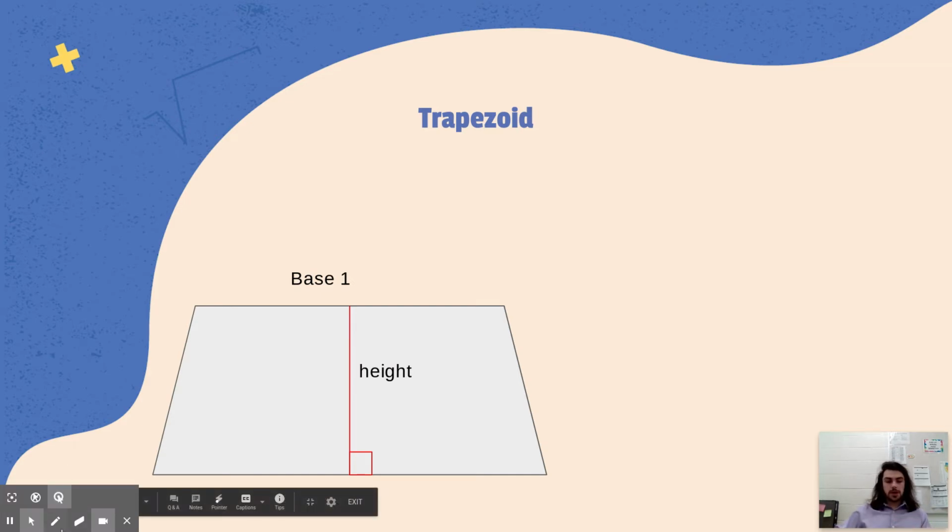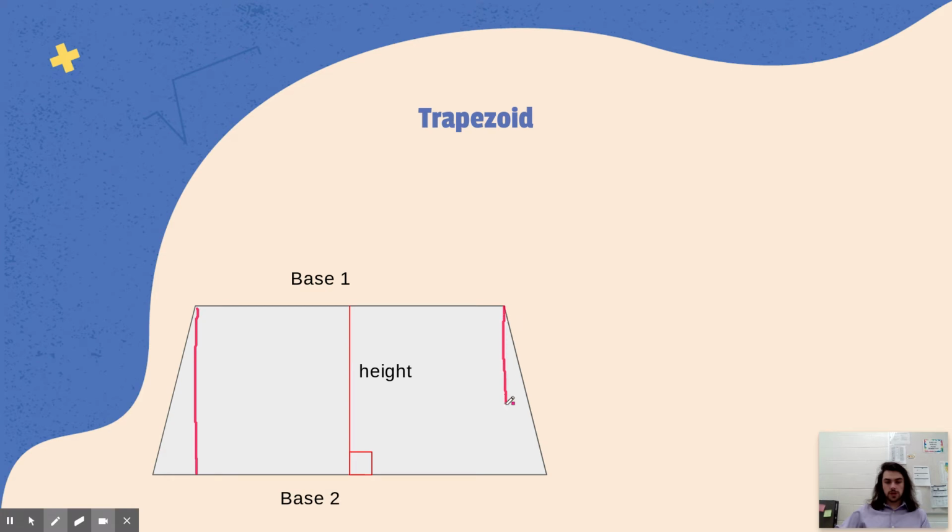I see a triangle, so I can cut this into a triangle on this side and a triangle on this side, where I'm left with a rectangle in the middle. So that is how we find our formula in order to find the area of a trapezoid.